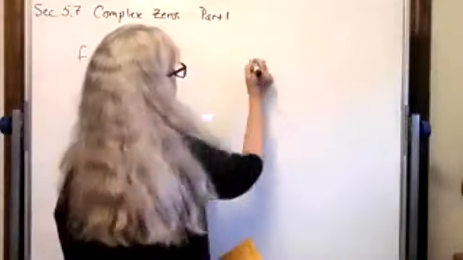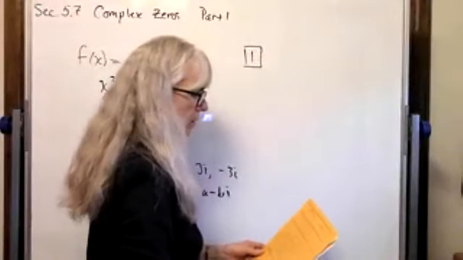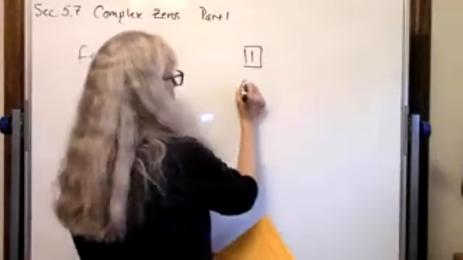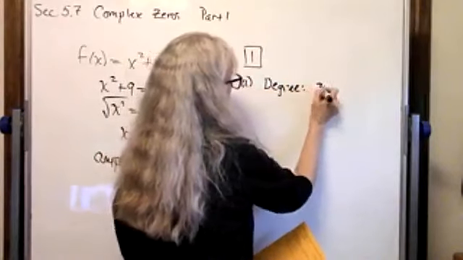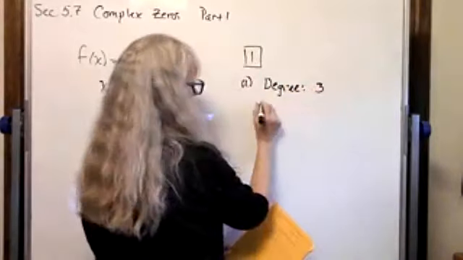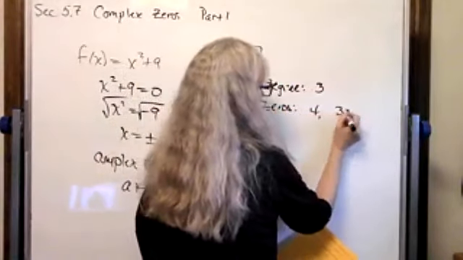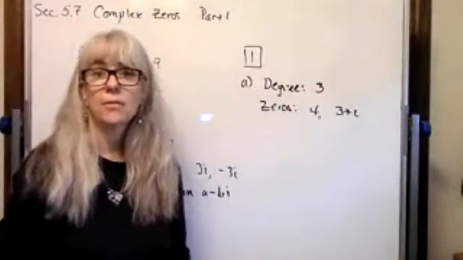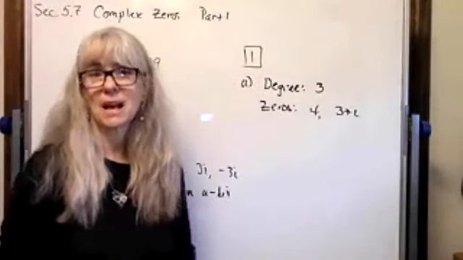So example 1 says information is given about a polynomial function whose coefficients are real. Let's find the remaining zeros. For part A, it tells me we have a degree 3, and some of the zeros are 4 and 3 plus i. We know by the fundamental theorem that the degree of the polynomial dictates how many answers we have.